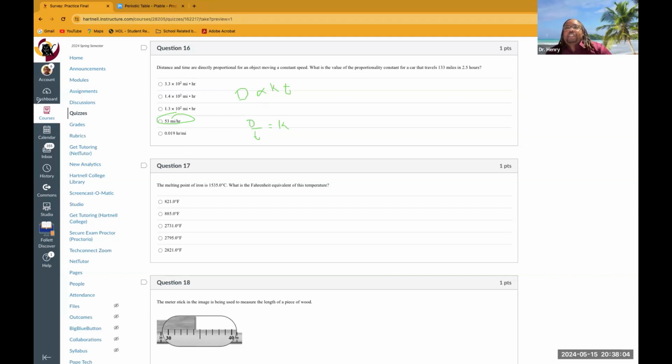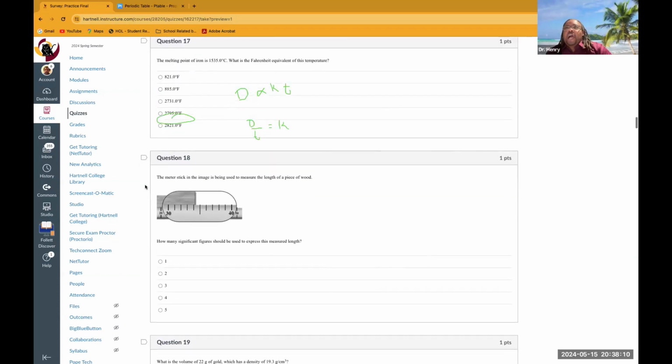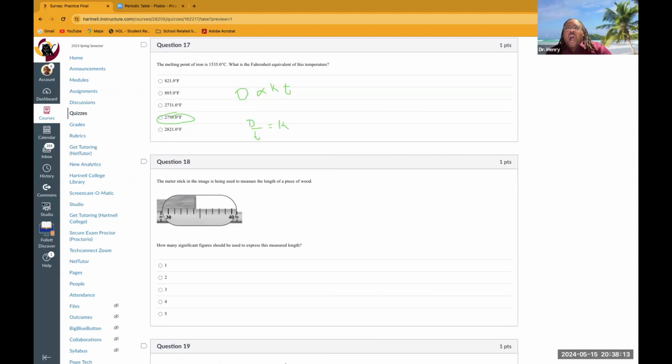Okay, number 17. The melting point of iron is 1,553.0 Celsius.